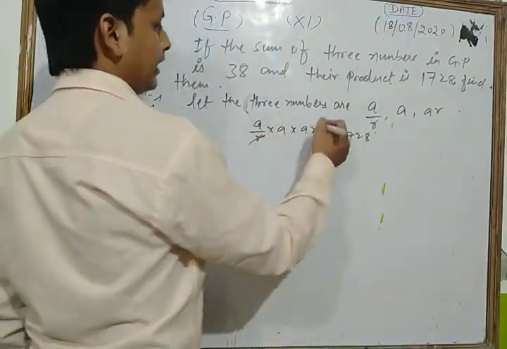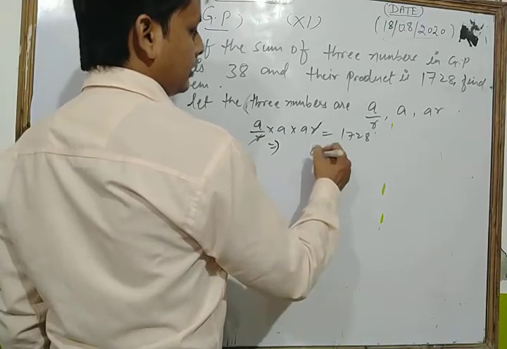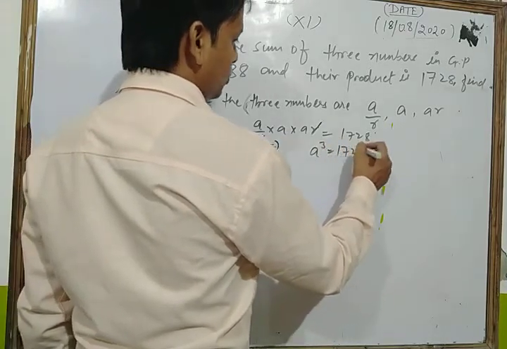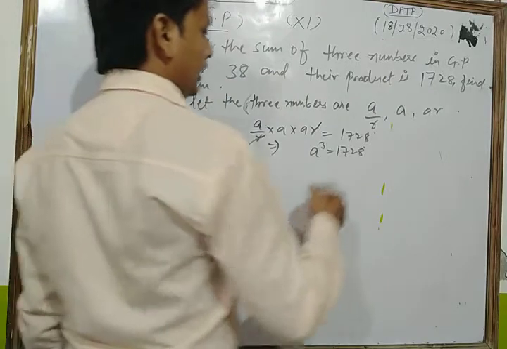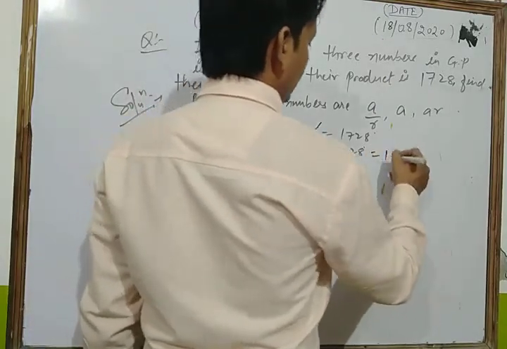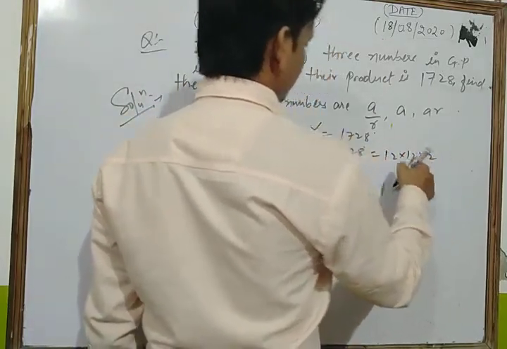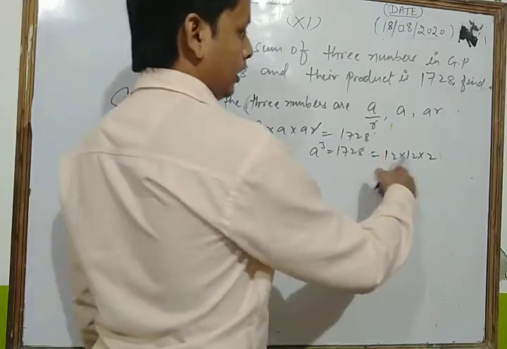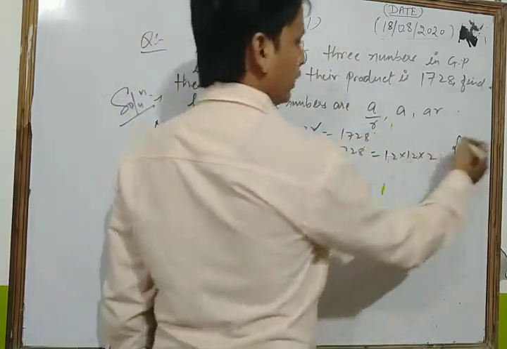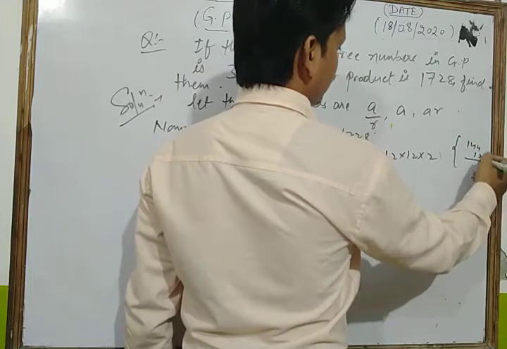Now r cancels, so we have a cube equal to 1728. Now we write it as 12 into 12 into 12. Because 12 times 12 is 144, multiplied by 12.